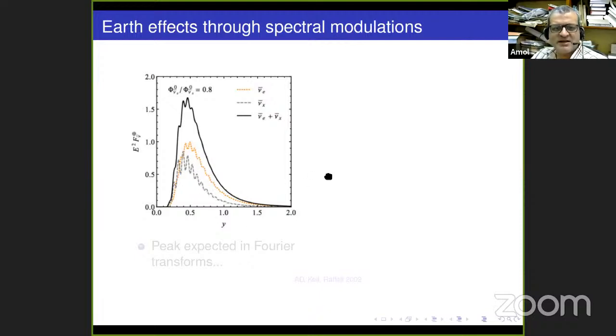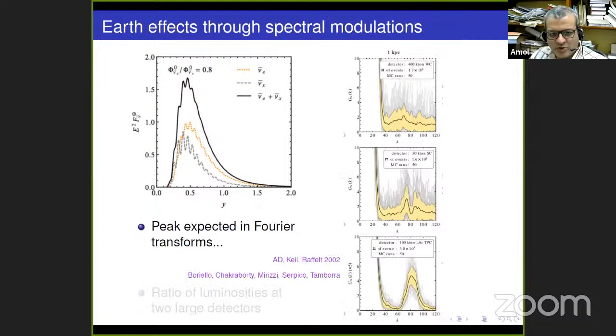The question is, how do we detect this? One simple thing is, of course, whenever there are periodic functions, you should look at their Fourier transforms. If there is a function with a good periodicity, your Fourier spectrum gives you a nice peak. And indeed, that is what people saw.